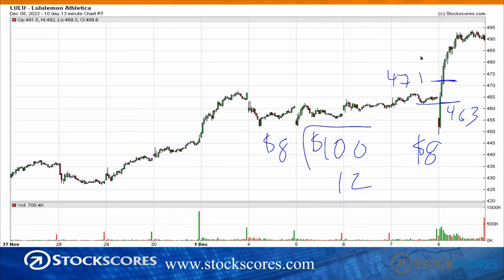It's actually 12 and a half, but we'll round it down to 12 shares. 12 shares times 471 is roughly $5,640. So the position size for the same amount of risk in Lululemon was about 3 or 4 times, more than 4 times actually, what it was on Canopy Growth.